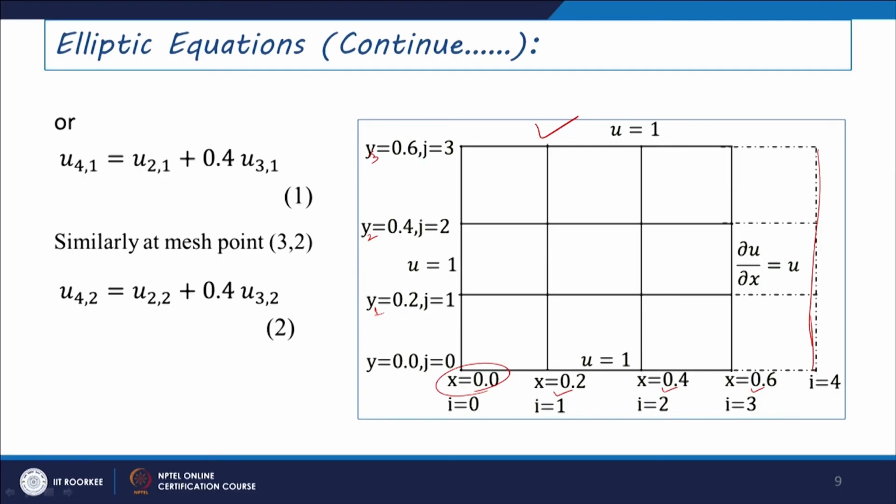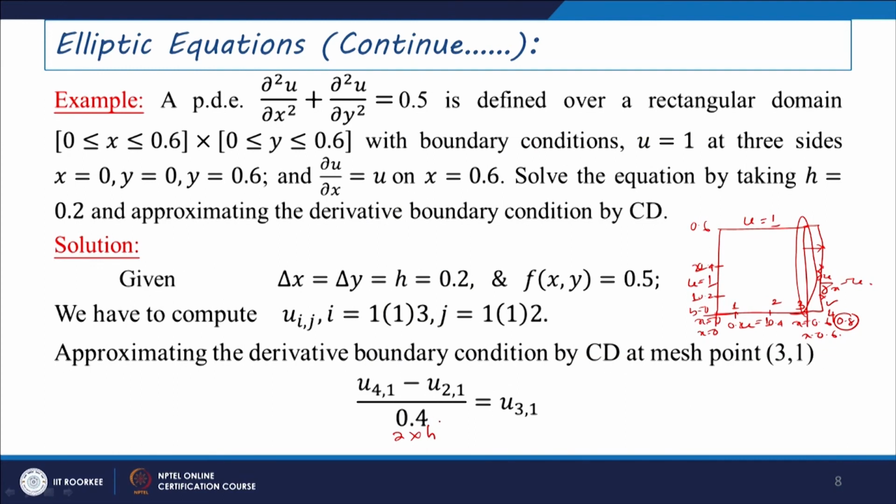So we can write u_{4,1} as u_{2,1} plus 0.4 u_{3,1}, then u_{4,2} can be written as u_{2,2} plus 0.4 u_{3,2}. Since we kept 0.4 in the division form, we are taking it to the right hand side as a multiplied form there.